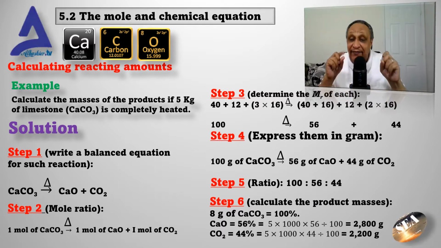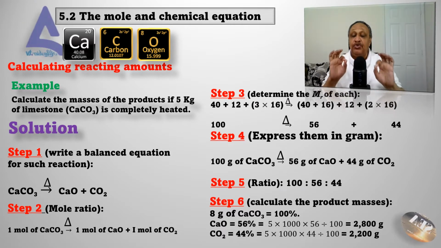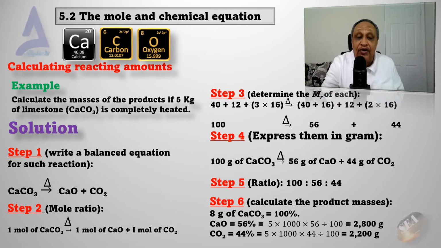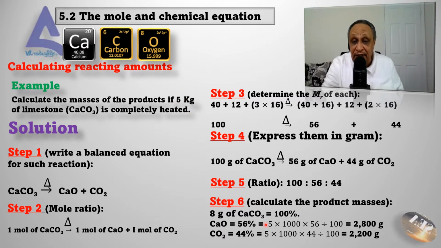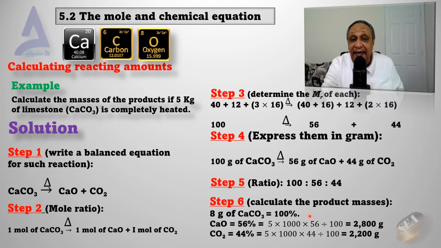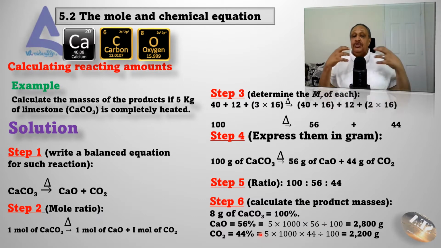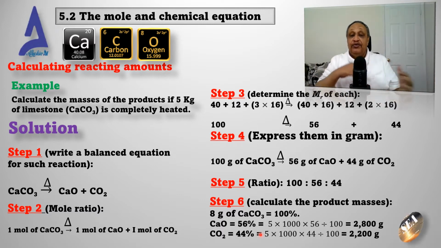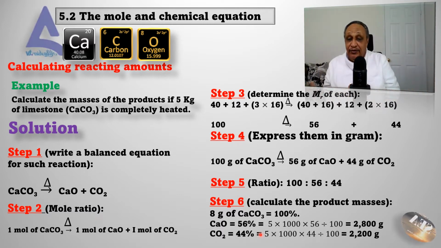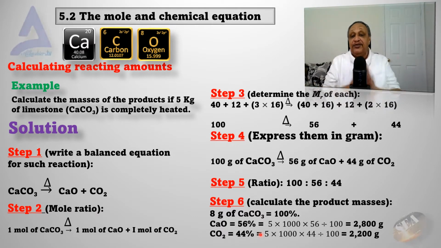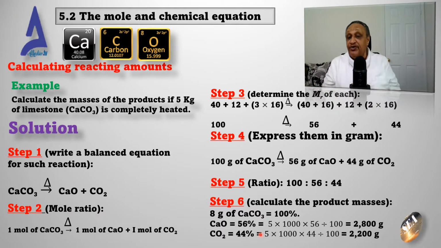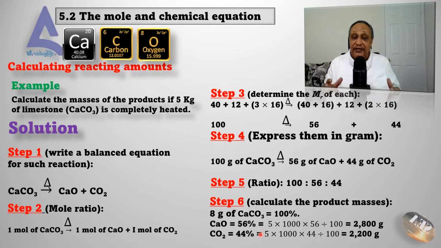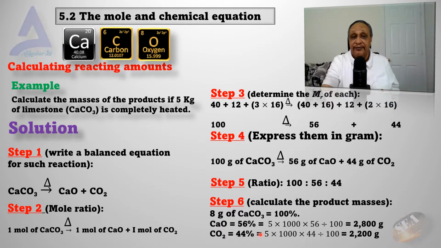The only difference here, and you have to be sure about that, is that you are going to convert this 5 kilograms into grams. So you are going to have 5 multiplied by 1000, and that's it. When you change it, you do the same as you did in step 6, and you are going to have your problem solved. Very easy. Go step by step and you are going to be pro.